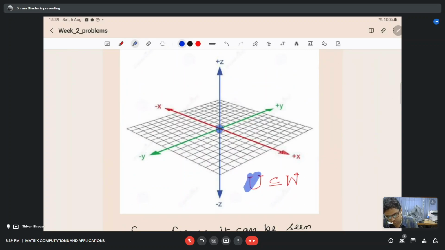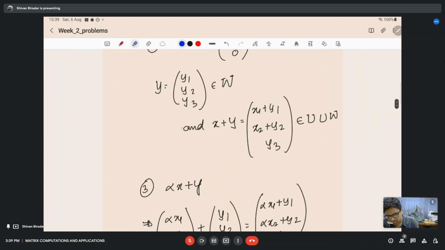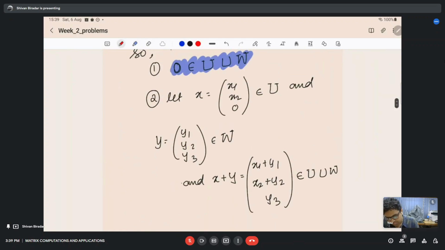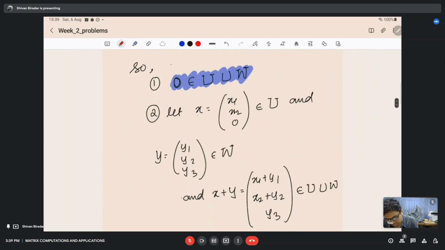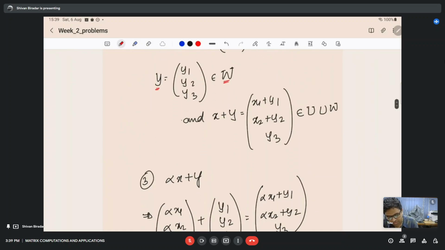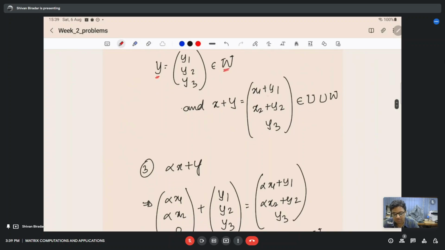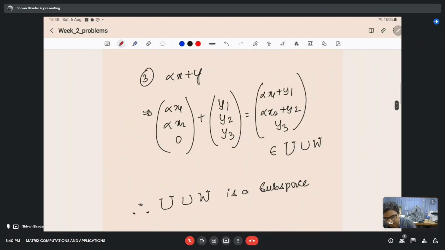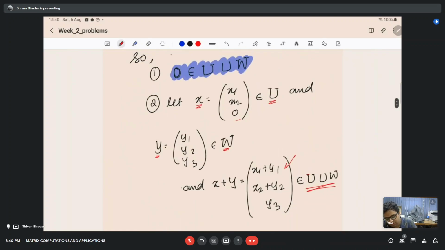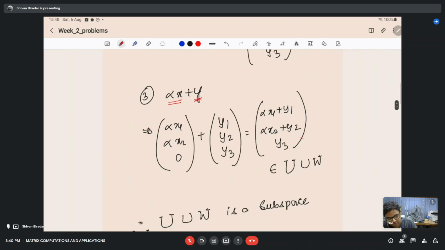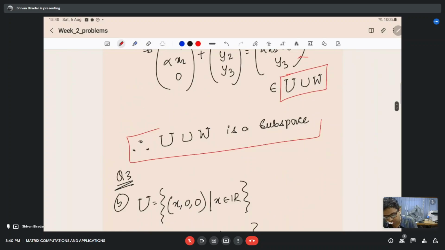Let us take a vector x and a vector y from the subspace W. If I add these two vectors, I'll get a vector of this type, which belongs to U union W. And if I take a scalar multiplied by x and add it to y, where x again is this vector and y again is this vector, then I'll get this vector, which again belongs to U union W. Hence U union W is a subspace.